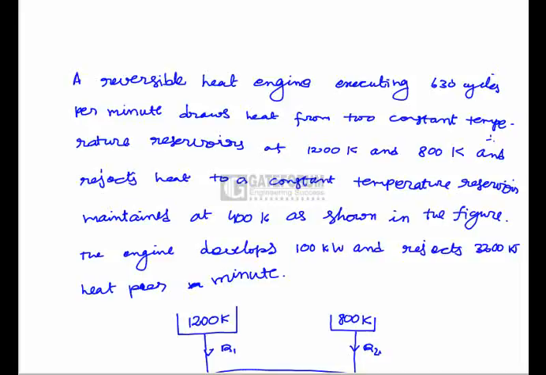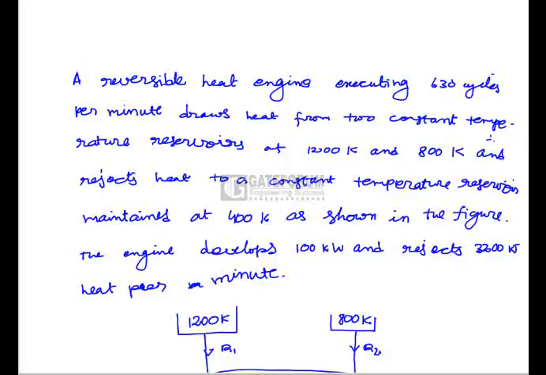A reversible heat engine executing 630 cycles per minute draws heat from two constant reservoirs at 1200 Kelvin and 800 Kelvin and rejects heat to a constant temperature reservoir maintained at 400 Kelvin. As shown in the figure, the engine develops 100 kilowatts and rejects 3200 kilojoules of heat per minute.